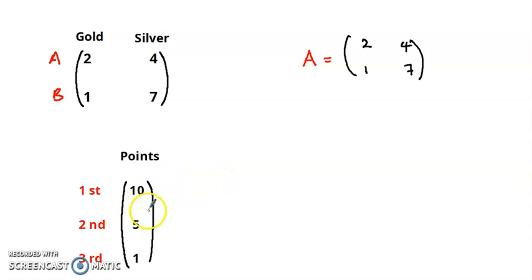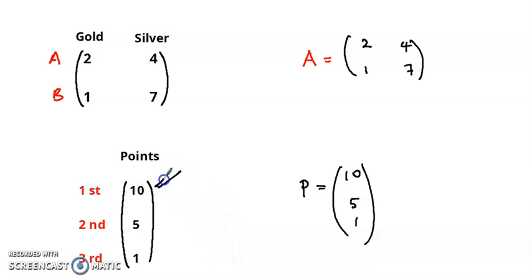And looking at this, points awarded for first, second and third position in a certain race. If you come in first, you get 10 points, second 5 points, and third 1 point. So let's use P to represent this. P for points. So 10, 5, 1.